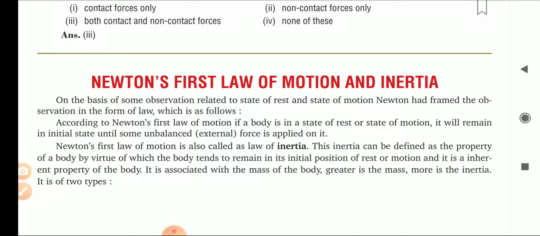The tendency of a body to remain in its actual position, whether that position is rest or motion. So it will continue in that position until and unless it is acted upon by any external force.